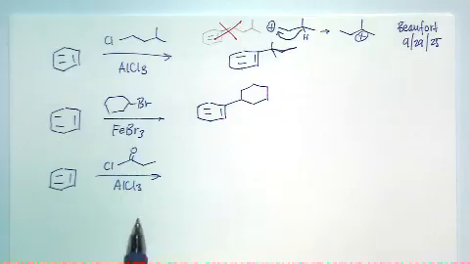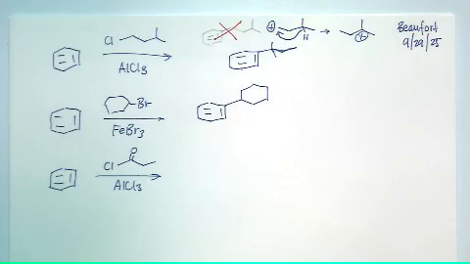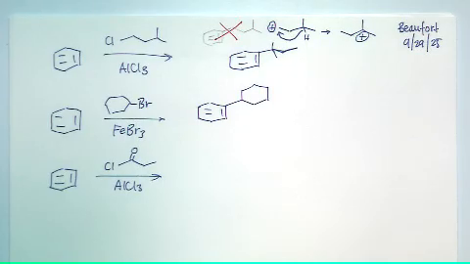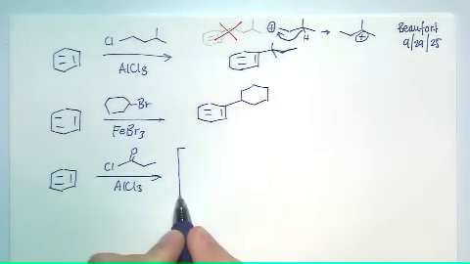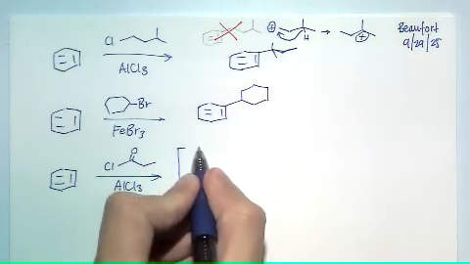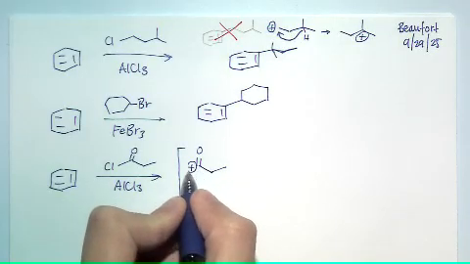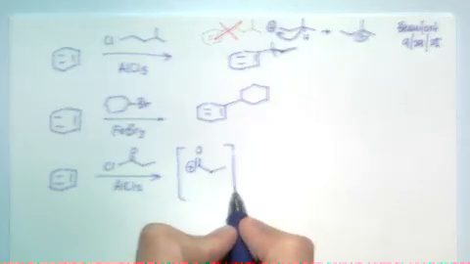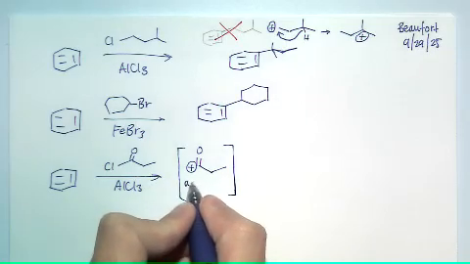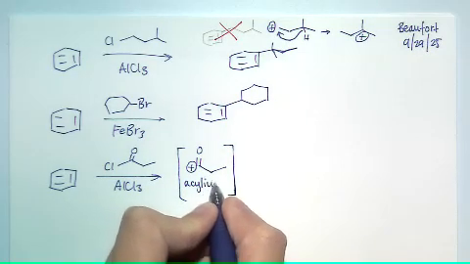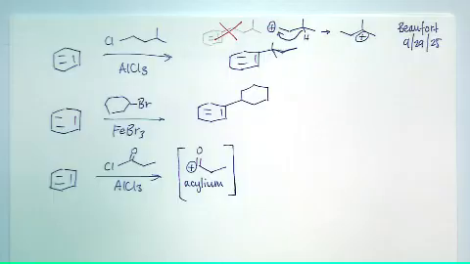And then, so we just started talking about the Friedel-Crafts acylation last time. And so the intermediate here is this, the acylium ion.